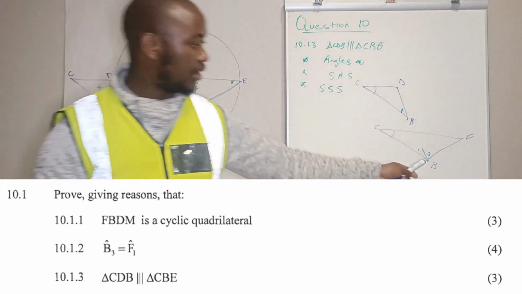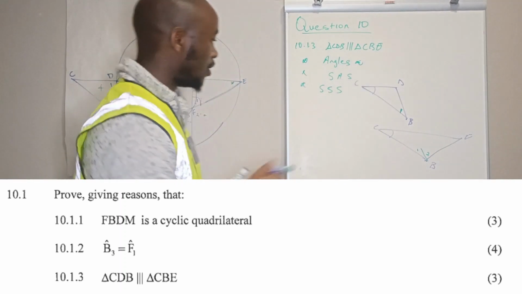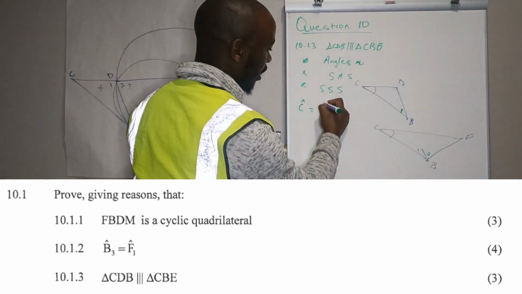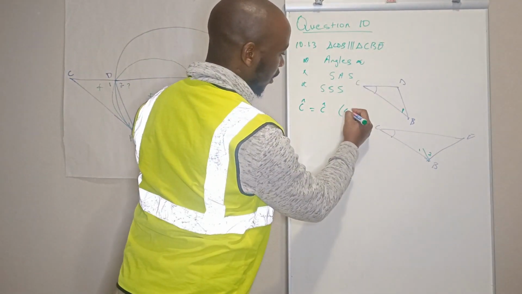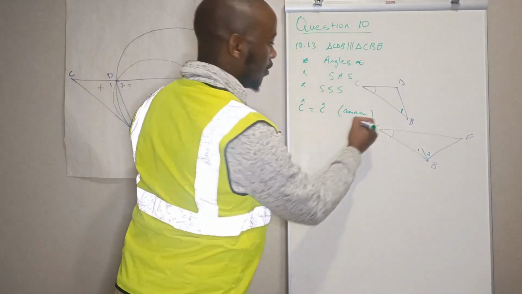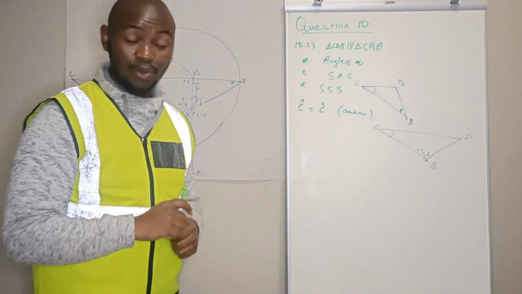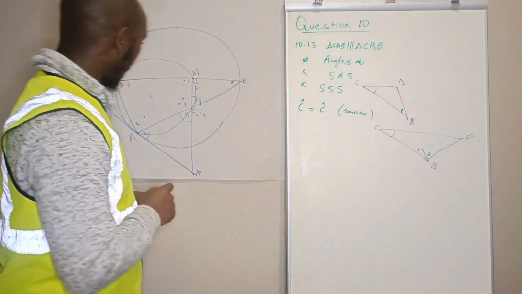So this is not the same case as for C. We can already tell that angle C is equal to angle C, that is a common angle. So we already have one angle and we need to look for one last one.